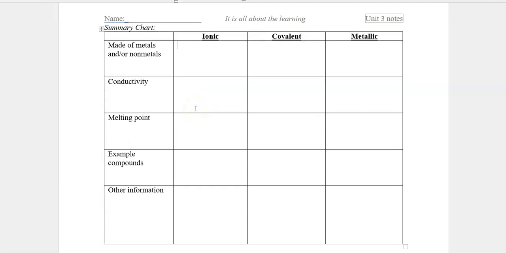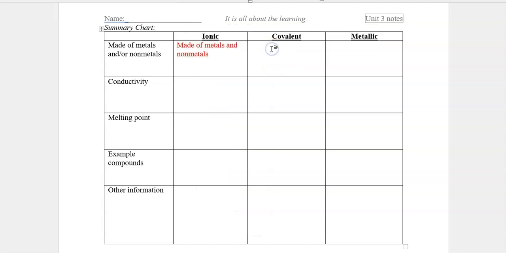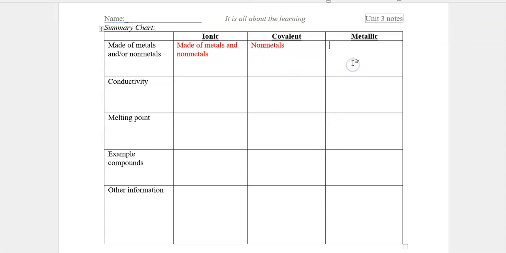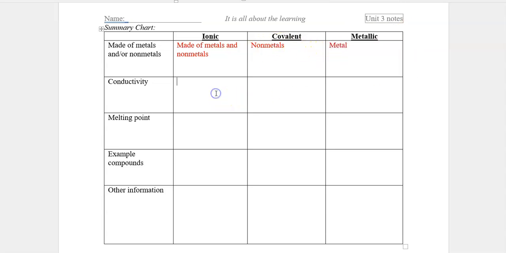Alright, so ionic is made of metals and nonmetals, with 1 or 2 extremely rare exceptions that I'm not teaching you. Covalent is made of nonmetals, and metallic, shockingly, is made of metal.